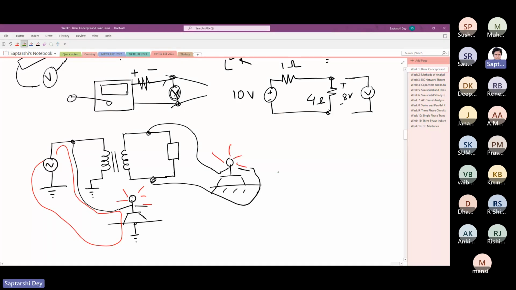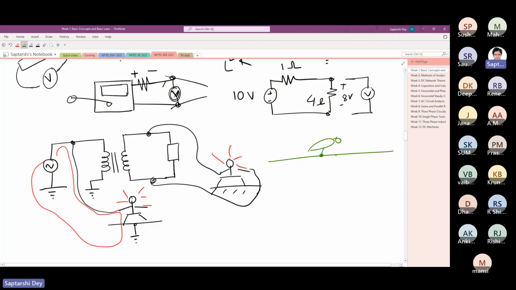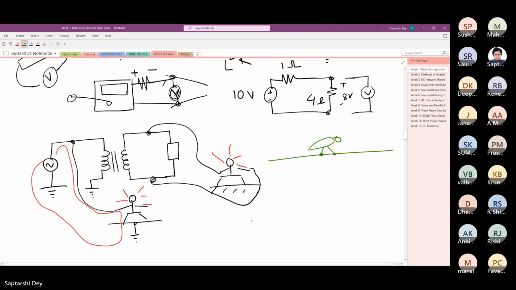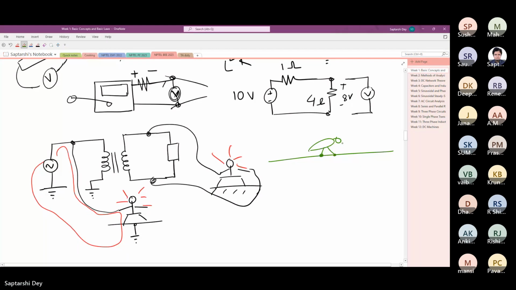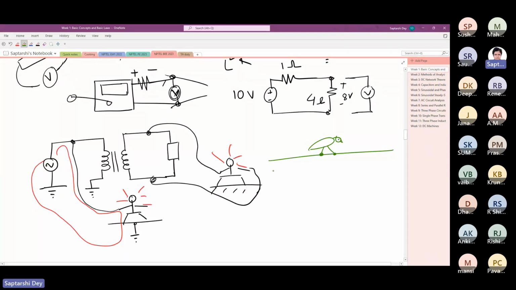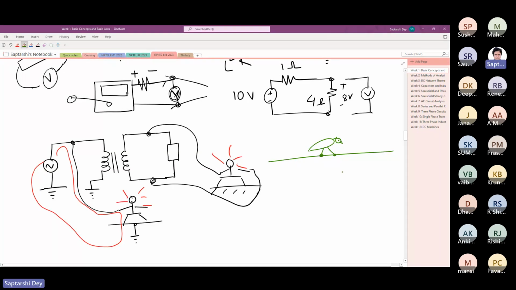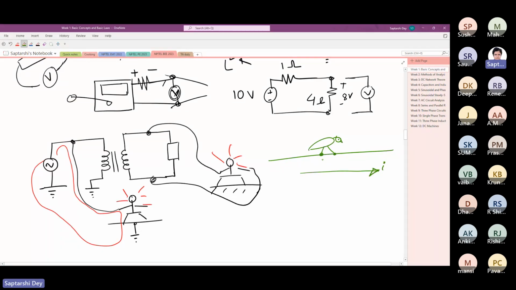Similarly, you will see on the transmission line the birds sit with their legs, one here, another one here. They don't get a shock. That is because this is a transmission line, which means the resistance is very less. Even if a current is flowing in this direction, the potential difference between this point and this point is very, very less to give a shock to the bird.